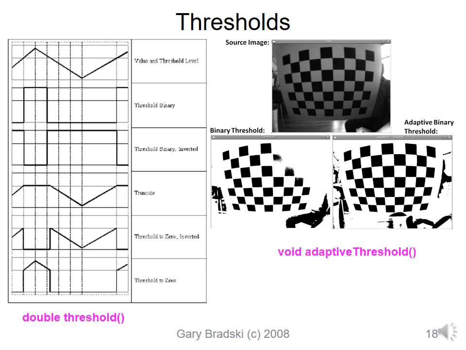This is a source image. If we draw the histogram, the black pixels are over here, and the gray pixels and the white pixels are here. So by cutting from here, this is the threshold value.